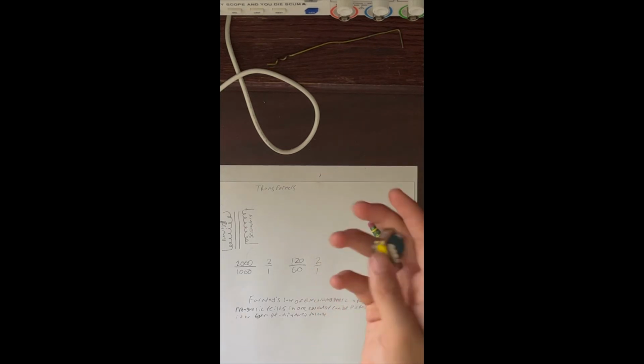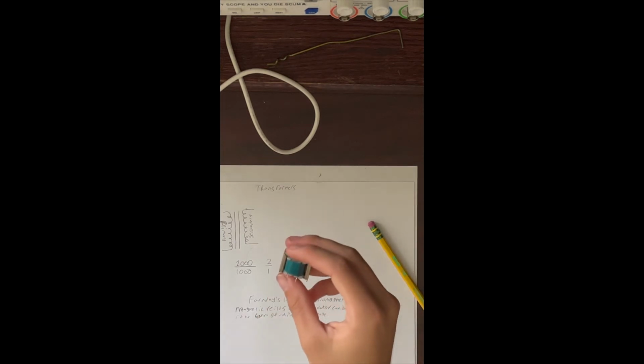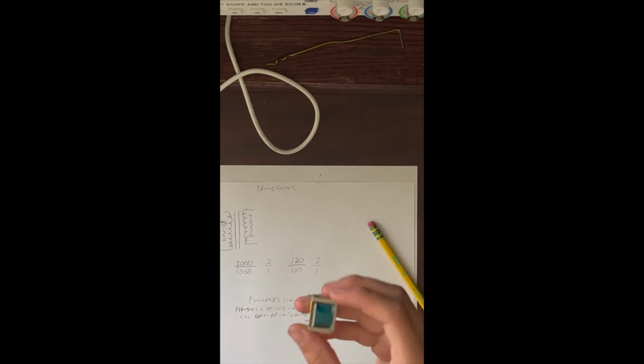So what that basically means is, if we're putting 120 volts into our primary, and it's wound around, and it's an inductor, so it has a magnetic field.